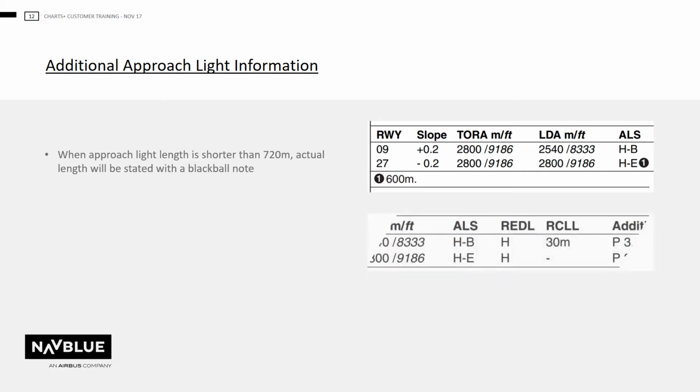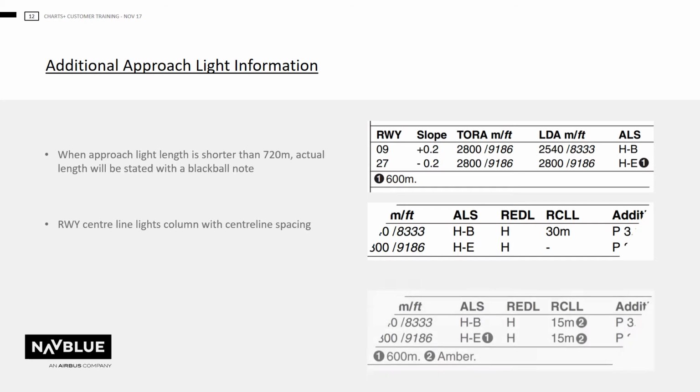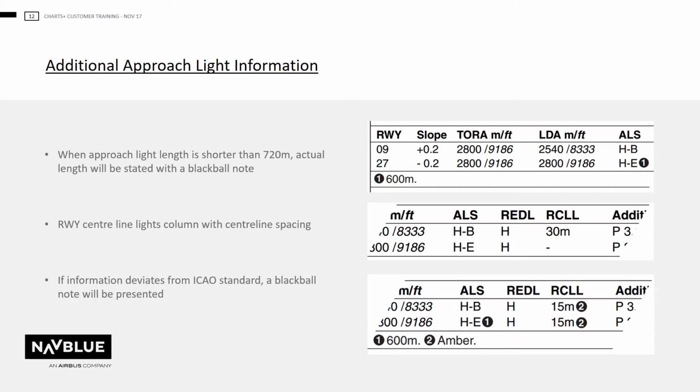Black ball notes will be used for any additional approach lighting information if it deviates from the ICAO standard. If the runway centerline lighting is not available on any runway, then this column will not be shown.